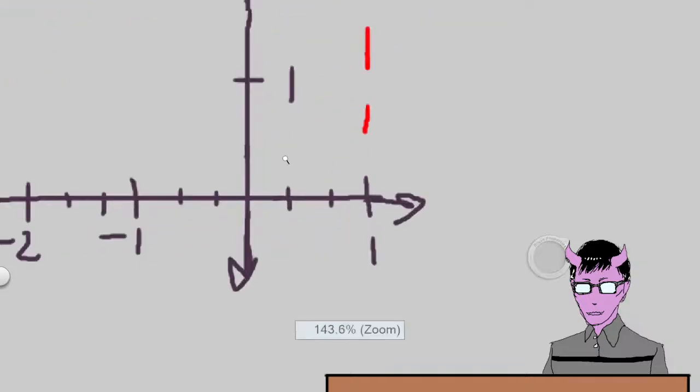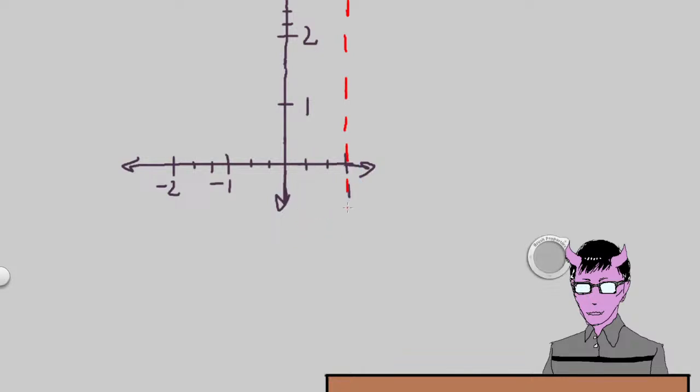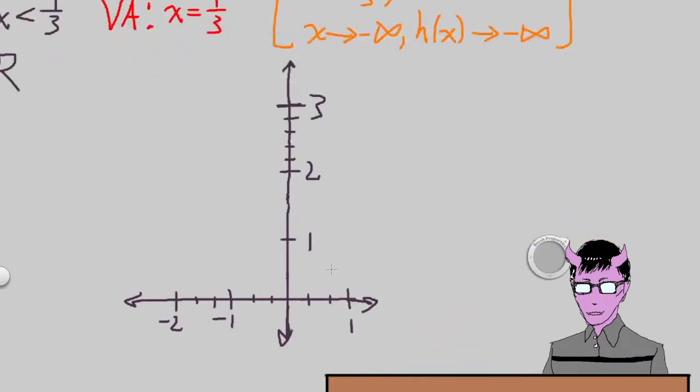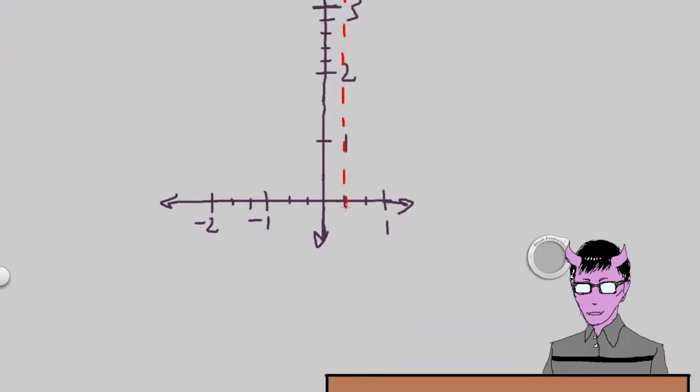It's kind of crooked. So vertical asymptote, x is equal to... Oh, I put it at 1. Oh my goodness, hold on. It's supposed to be at 1/3. I don't know why I put it at 1. So this is 1/3. So vertical asymptote, x is equal to 1/3. That's the wall.